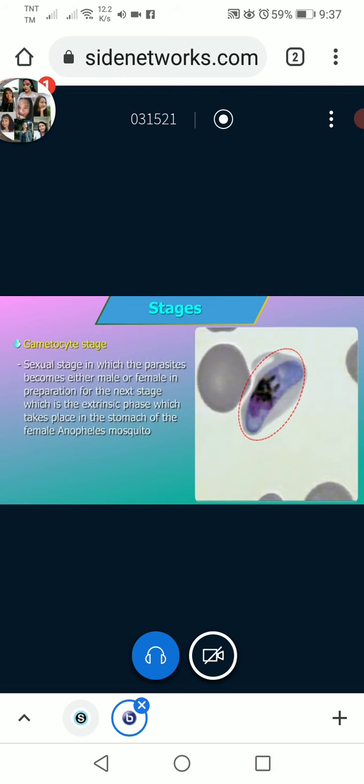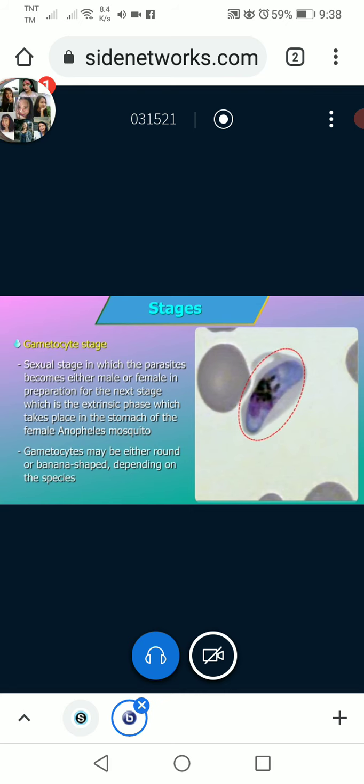The gametocyte is the sexual stage in which the parasites become either male or female in preparation for the next stage, which is the extrinsic phase, which takes place in the stomach of the female Anopheles mosquito. Gametocytes may be either round or banana shaped depending on the species.